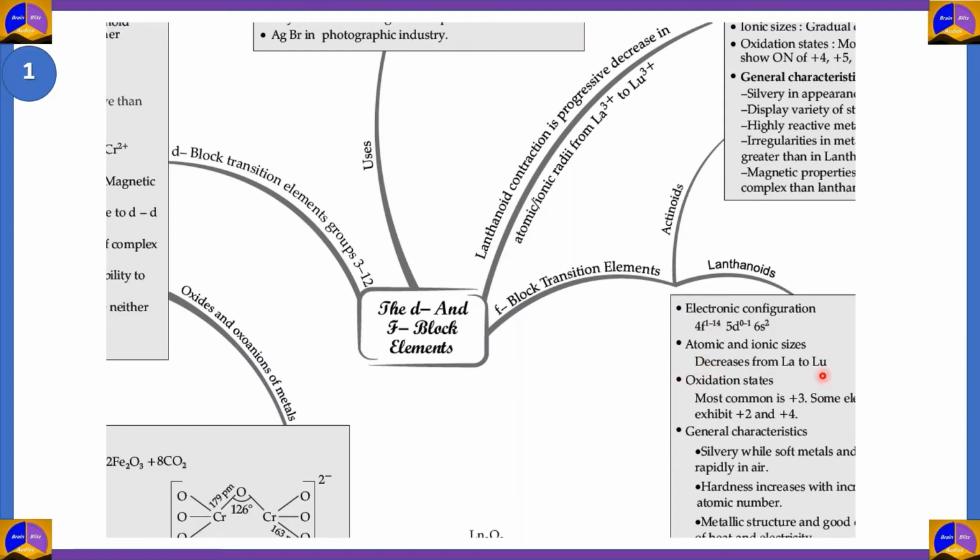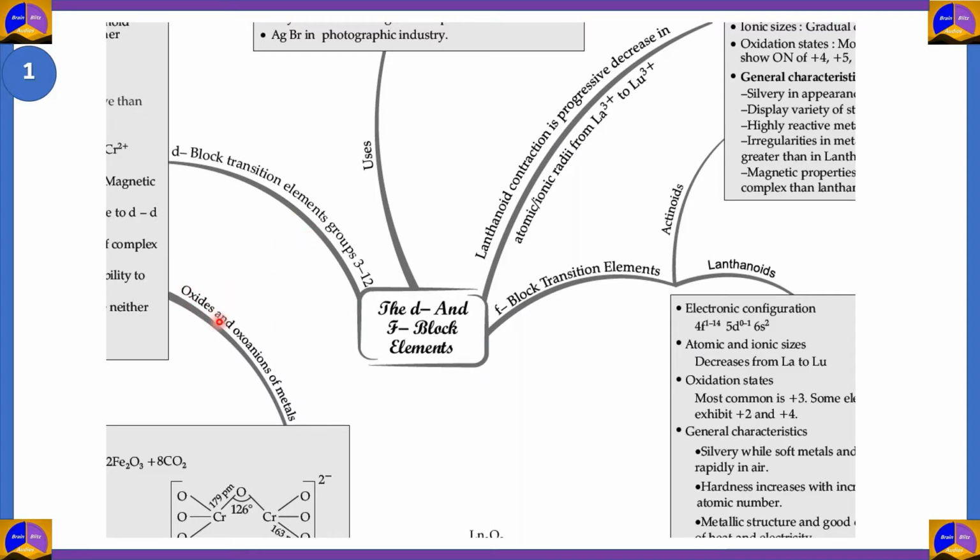And the final 6 groups to the right talks about the P block elements, while the groups 3 to 12 house elements called the D block elements, and since they are present between the S and the P block, and they are a transition between S and P, they're also called transition elements. So today we'll be talking about the D block transition elements, their properties, and some of their general characteristics.